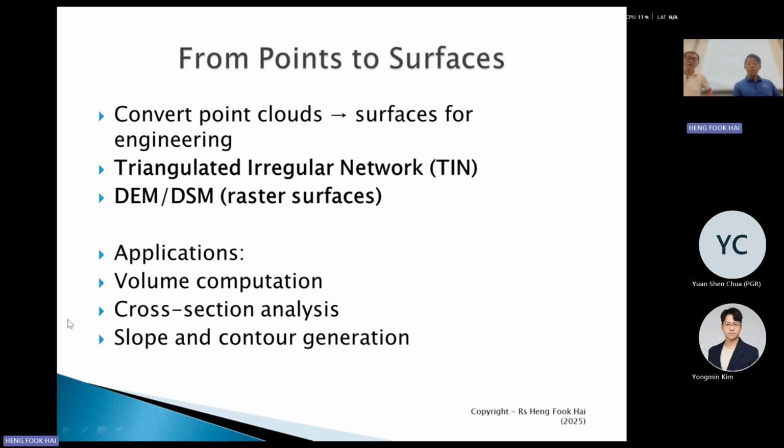We call it triangulated irregular networks. And from there, you are able to produce digital elevation models or digital surface models. These are good for applications such as volume calculation, cross-section analysis, and slope or contour generation.